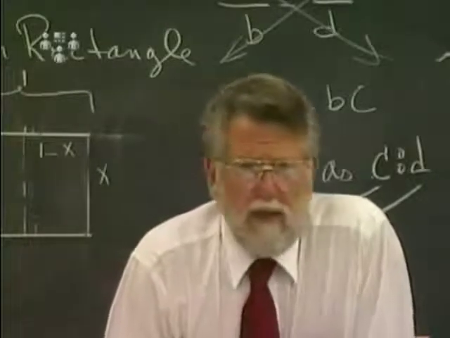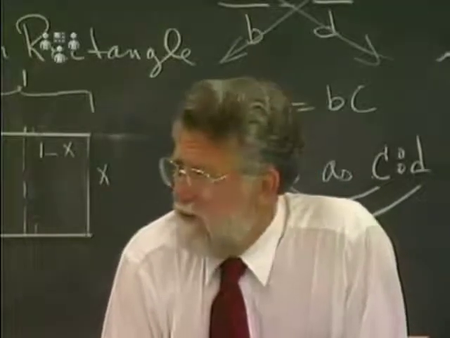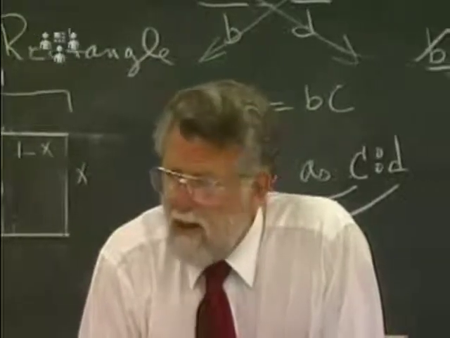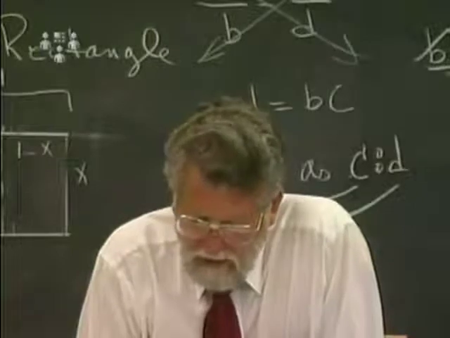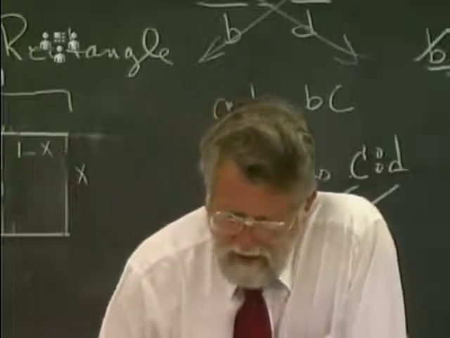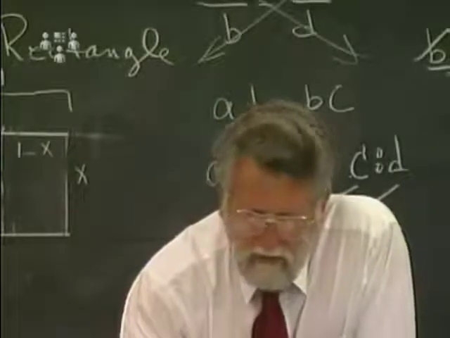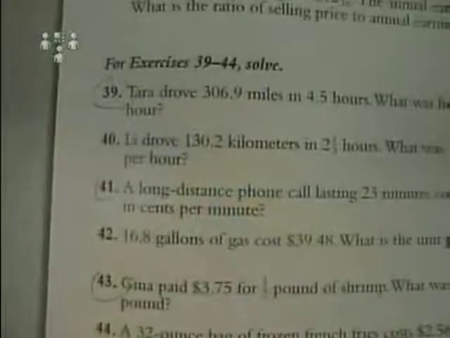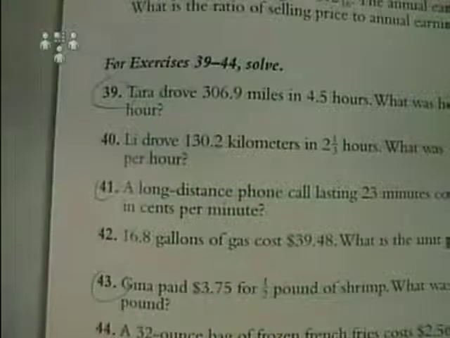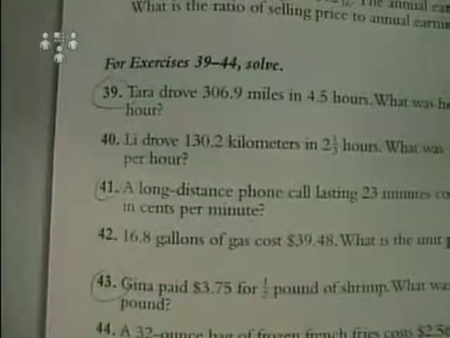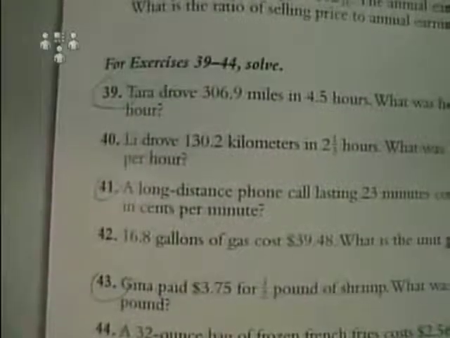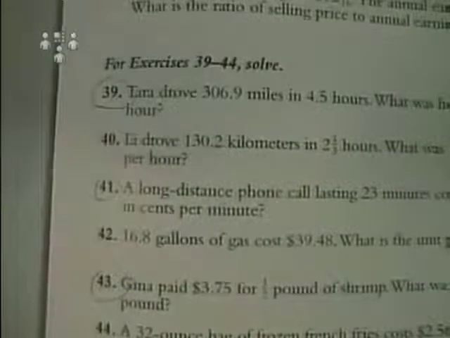We talk about how many miles per hour you go. That's a fraction where we have the miles in terms of 1 hour. And so if you look at something like problem 39 on page 513, which is a problem I selected, it tells you that Tara drives 306.9 miles in 4.5 hours, and you're supposed to find out what her miles per hour are.